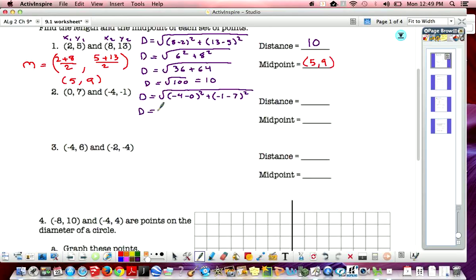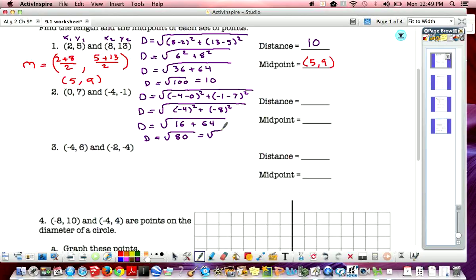So my distance here is going to equal the square root of negative 4 squared plus negative 8 squared. So as I continue to do this one, I get the square root of 16, or negative 4 squared is 16, sorry about that. Negative 8 squared is 64. So my distance is equal to the square root of 80.